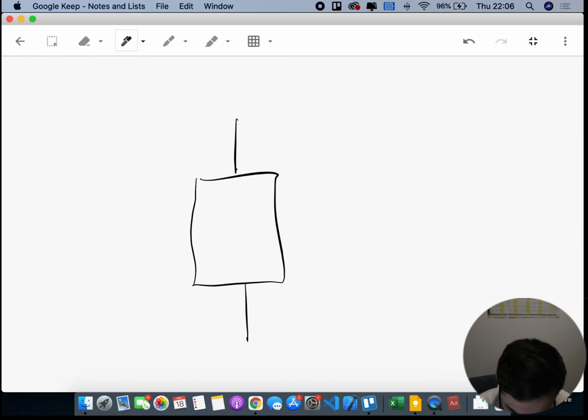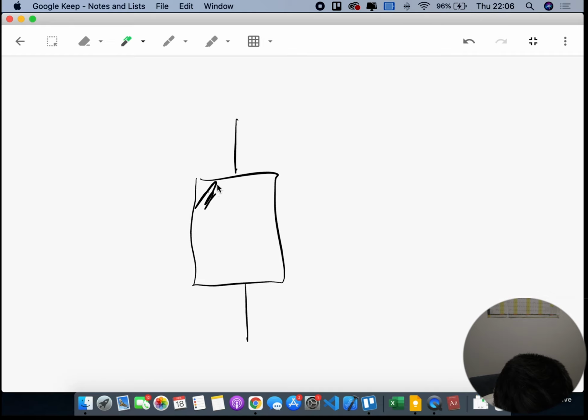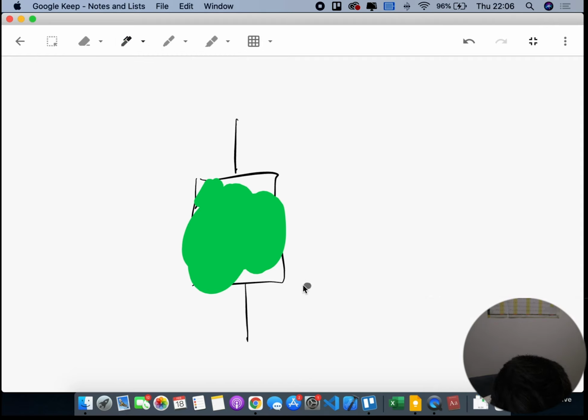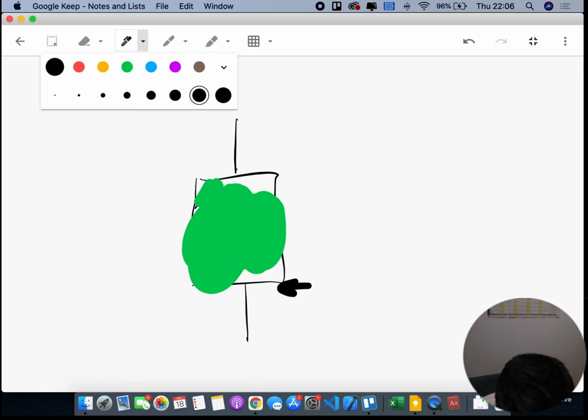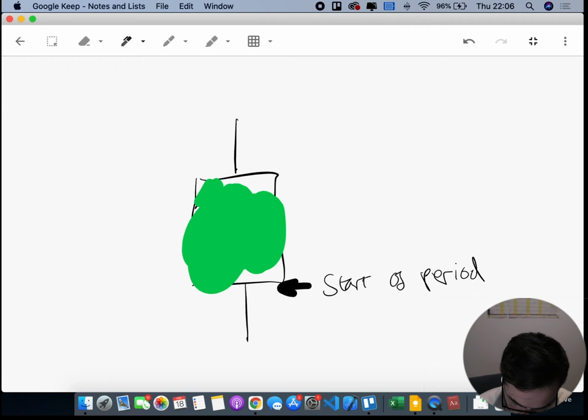If this is green, then that means that this is the start of period, and this is the end of period.